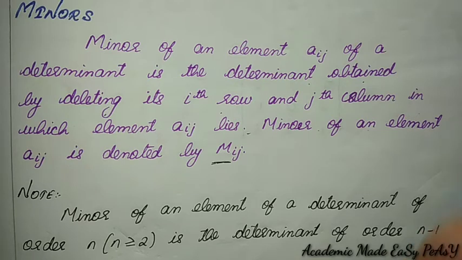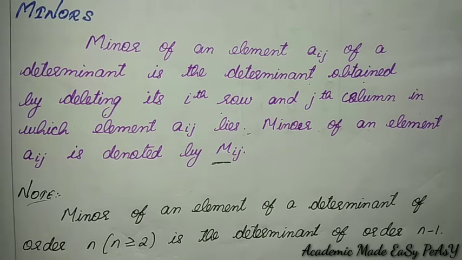In a 2 by 2 matrix, only one element is there. So directly we can write. Whereas in a 3 by 3 matrix or determinant, we have 2 rows and 2 columns. So we will be taking the determinant of that. And note for this is, minor of an element of a determinant of order n is a determinant of order n minus 1.